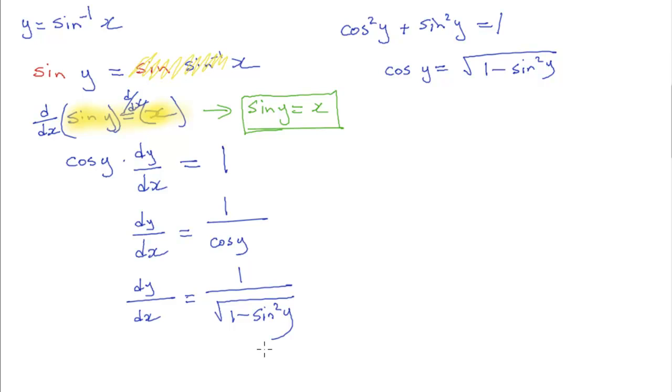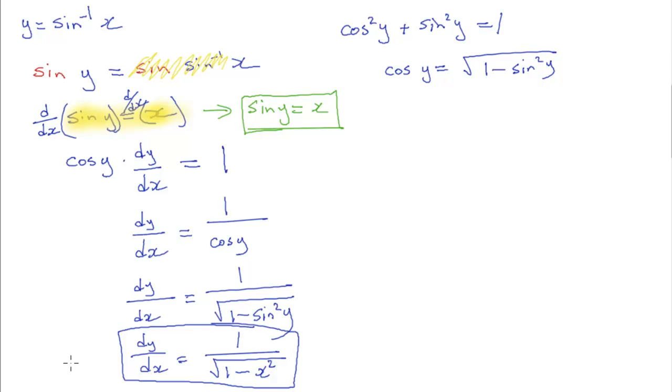Well, we have sine y here, so we can replace that. dy by dx is equal to 1 over the square root of 1 minus, instead of sine y, we're going to write x, so that's x squared. And there's your rule. So the derivative of y equals sine inverse of x is 1 over the square root of 1 minus x squared. So that's our first rule.